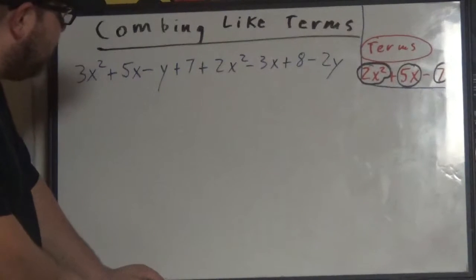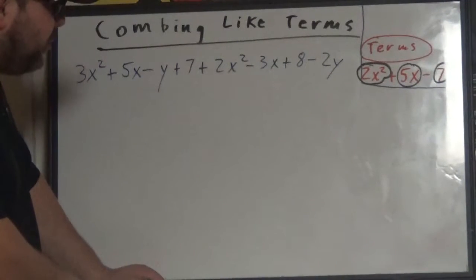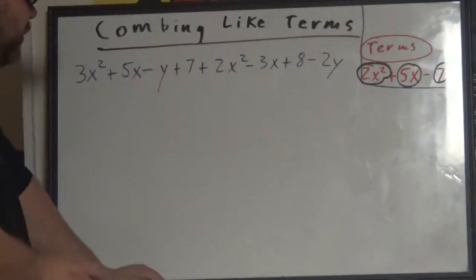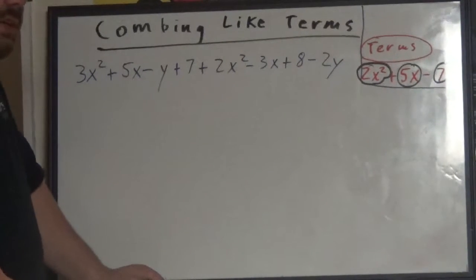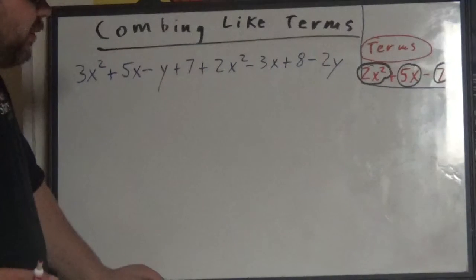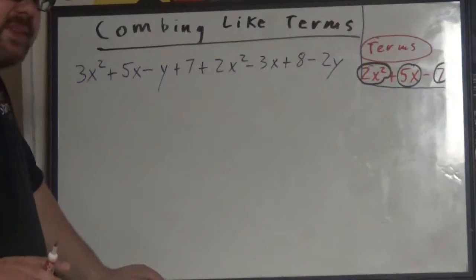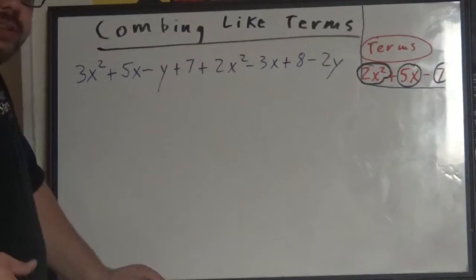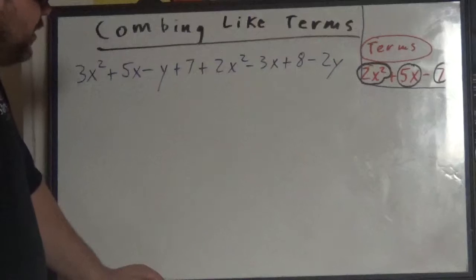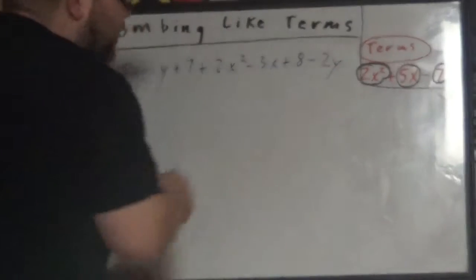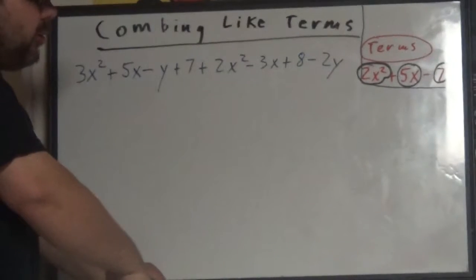So, what is a like term? A like term is any term that either has the same variable and the same exponent or has no variables. So, for example, I mentioned minus 7 being a term.